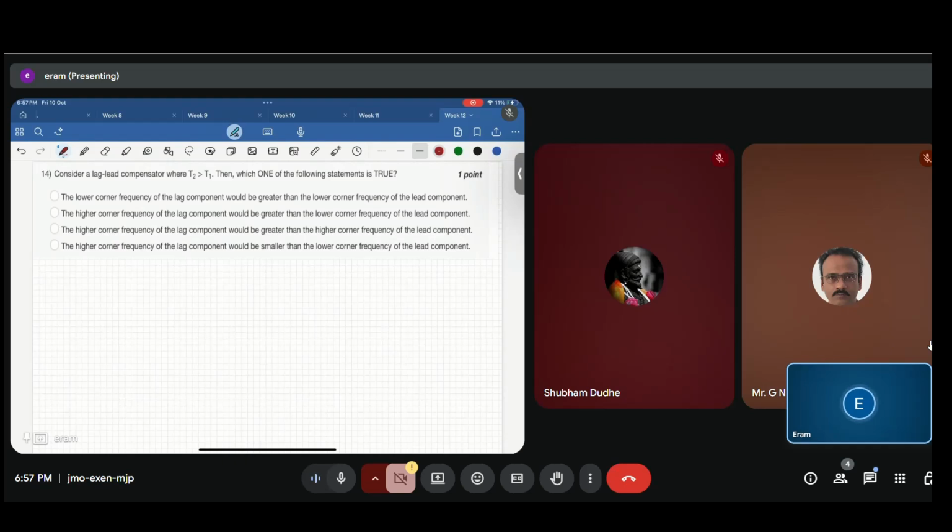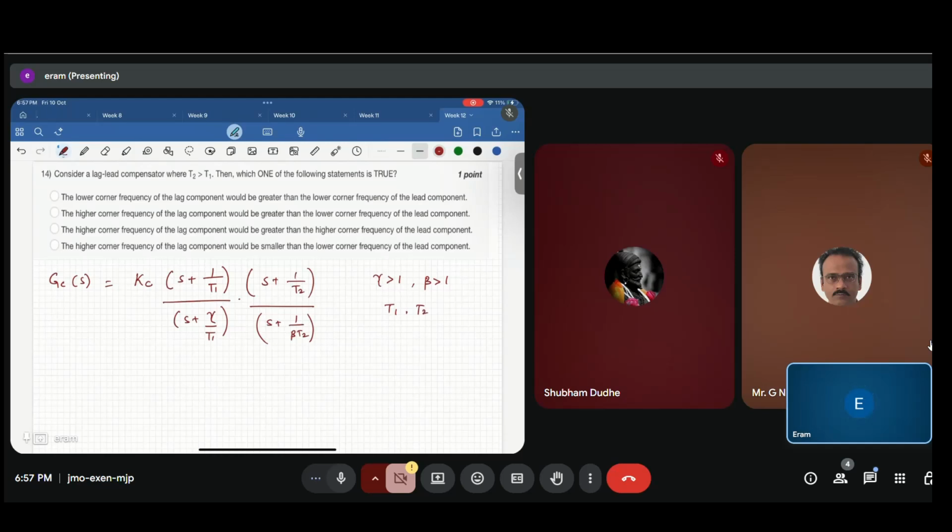If you recall the lecture, for a lag lead compensator we write the transfer function as (S plus 1 by T1) divided by (S plus gamma by T1), into (S plus 1 by T2) divided by (S plus 1 by beta T2). Here gamma is greater than 1, beta is greater than 1, T1 and T2 are greater than 0, and gain obviously is greater than 0.